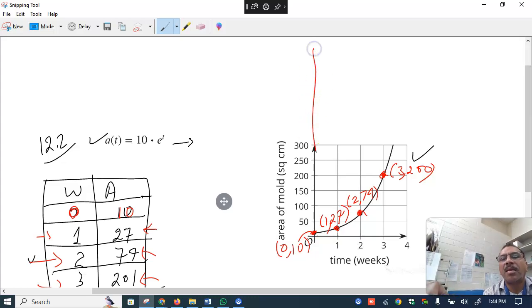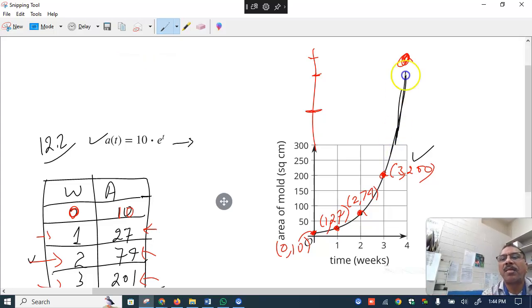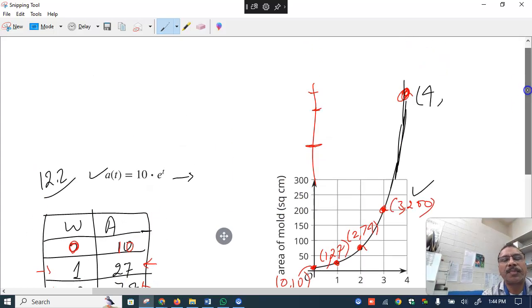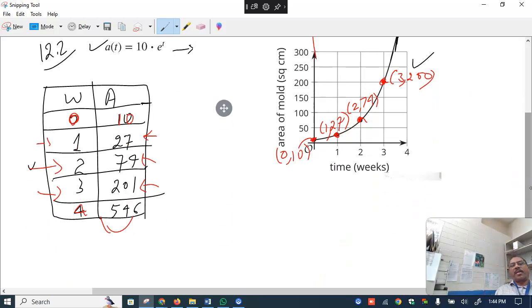I can just extend it and say this is 300, this is 400, that is 500, maybe somewhere here. You don't have to do this on your paper. I'm just saying the graph goes this way. 4 is whatever, 546. So there is a relationship between the table and the graph.